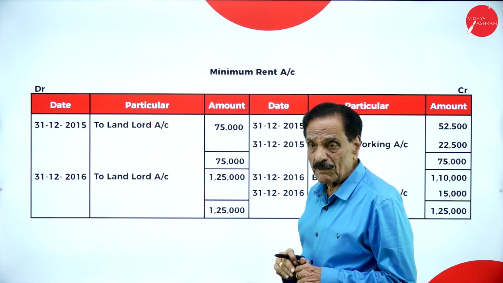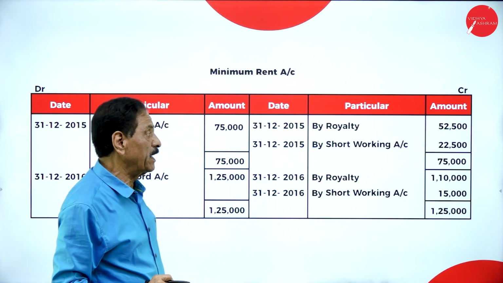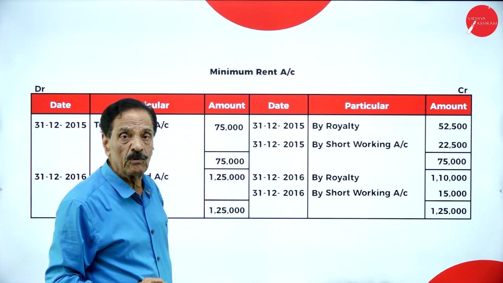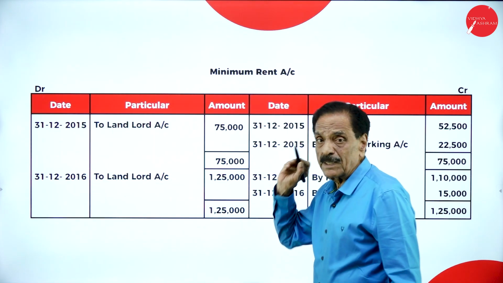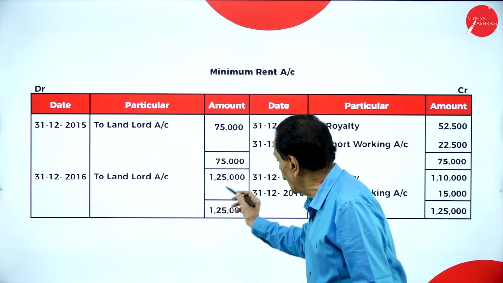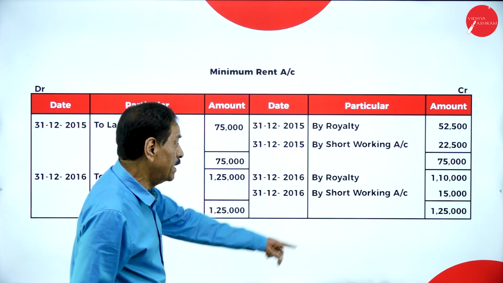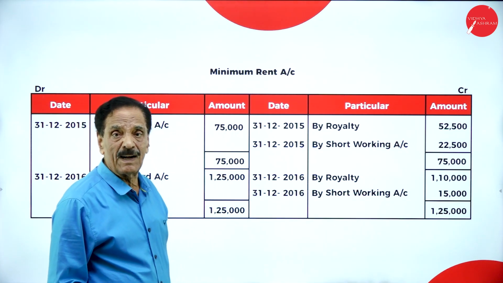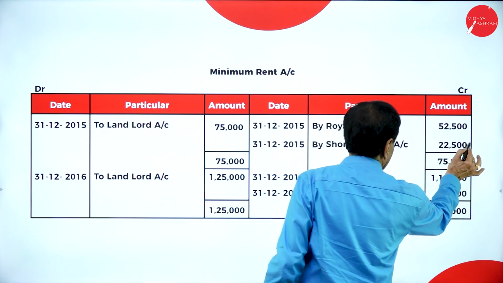How much money? 75,000 for that year. Royalty is 52,500. Shortage is 22,500. In the next year also, your minimum rent is more than the royalty. How much is payable? 1,25,000. How much royalty receivable? 1,10,000. How much shortage? 15,000. These are the two shortages.